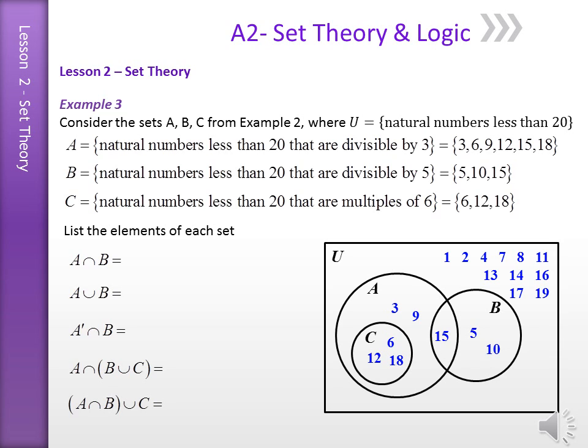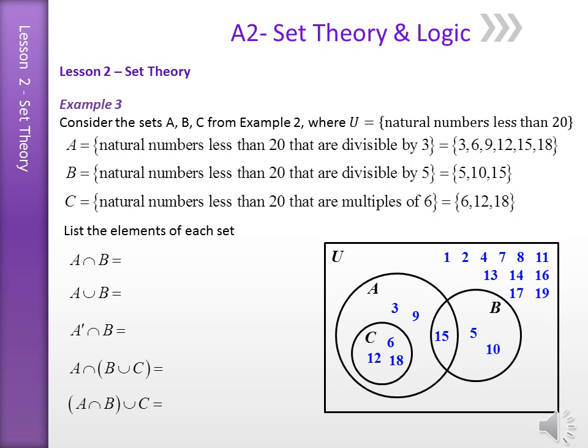We are going to put these numbers into a Venn diagram just so that we can see the relationships easily. Remember that the universal set is represented by the rectangle. Sets A, B, and C are all represented by the circles. The numbers that are divisible by 3 are contained entirely in set A. So we've got the 3, 6, 9, 12, 15, and 18.